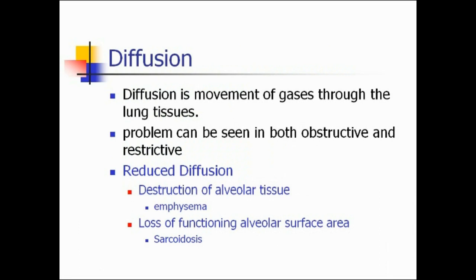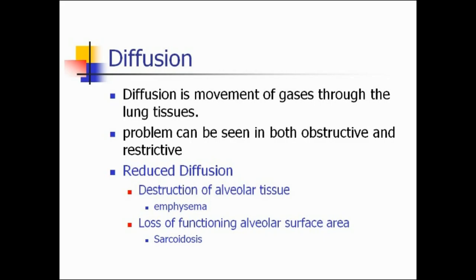One other condition that kind of goes along with some of these interstitial problems is diffusion. Diffusion is the movement of gases through the lung tissue and into the blood. This problem can be seen in both obstructive and restrictive diseases.